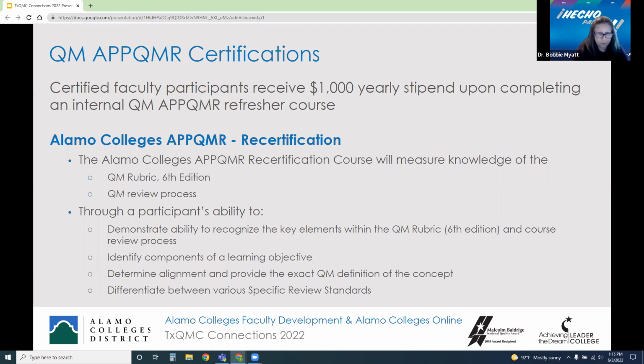The way that it was structured by the collaboration of all 5 vice presidents and the blessing of the chancellor is that they would need to complete the 6th edition. If they had done the 5th, they would have to complete that rubric update, right?